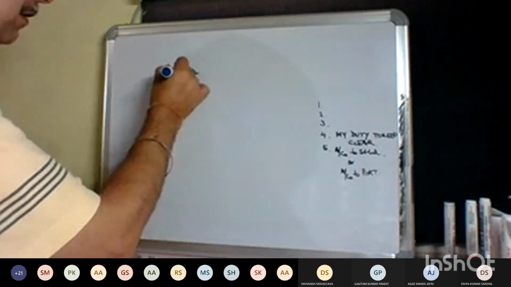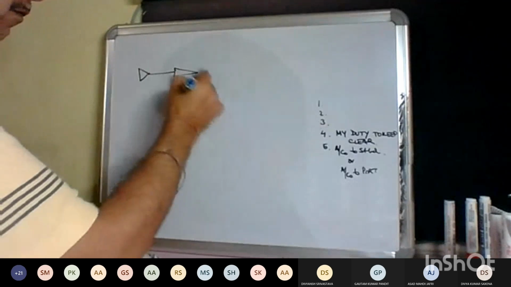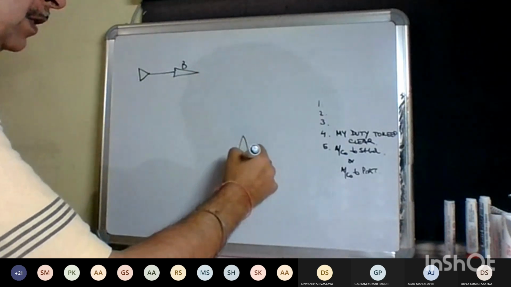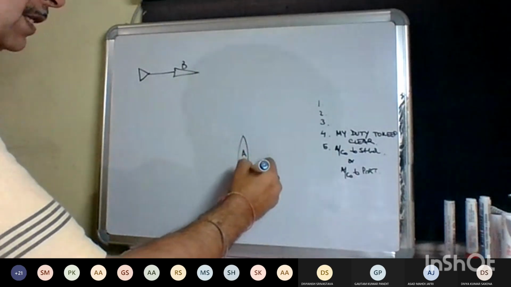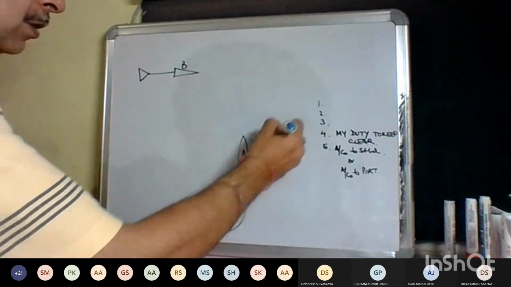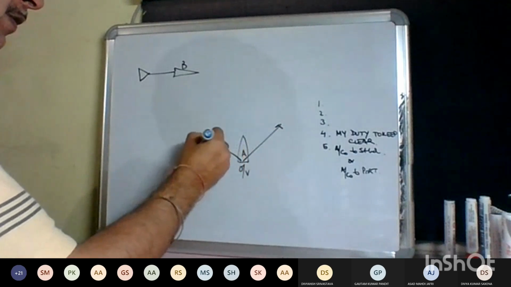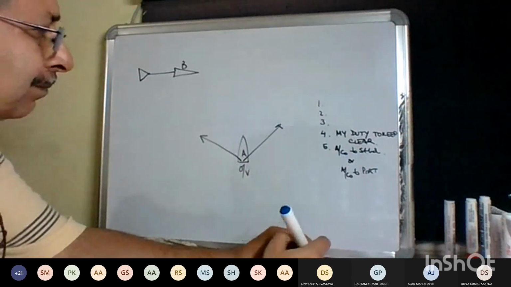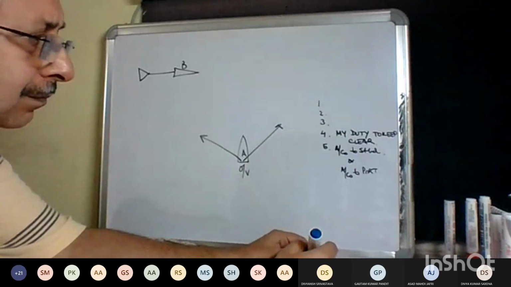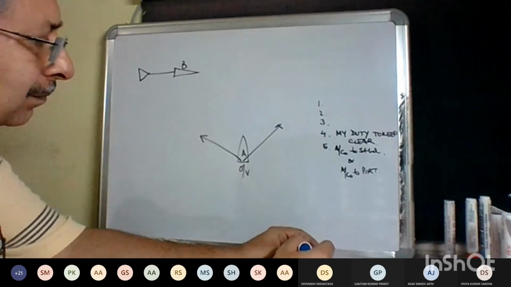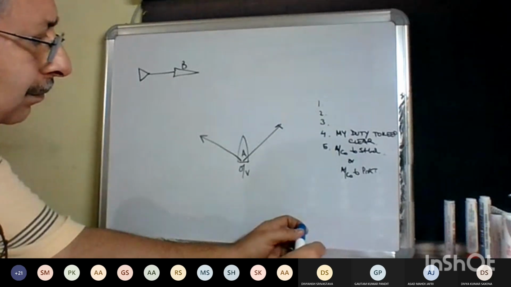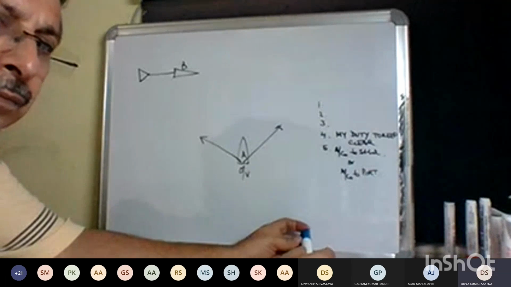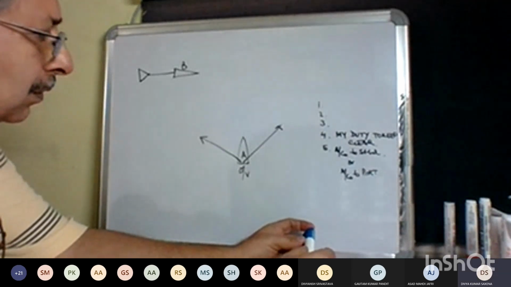So now I'm going back to case number 5. This is my vessel B, target vessel. This is my vessel A, own vessel. I can go like this, I can go like this. Which one would you like to choose and why? You have to make a choice. Sir, if risk of collision doesn't exist, then alter to starboard.